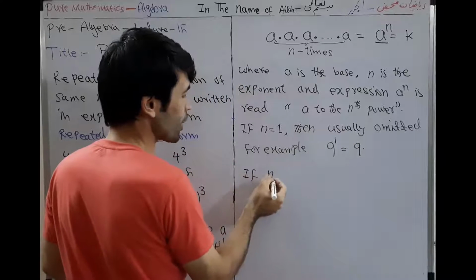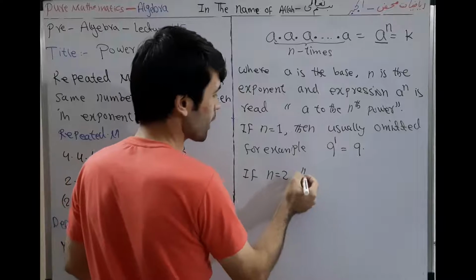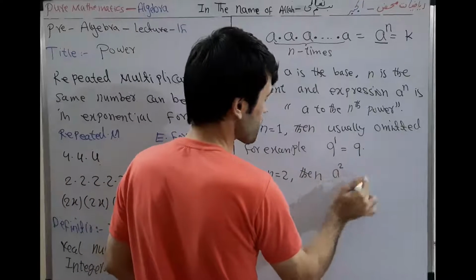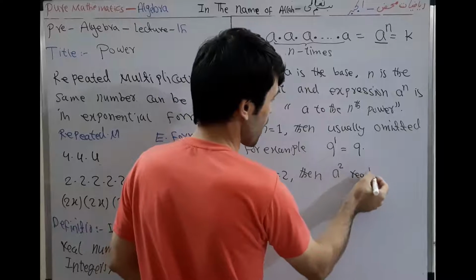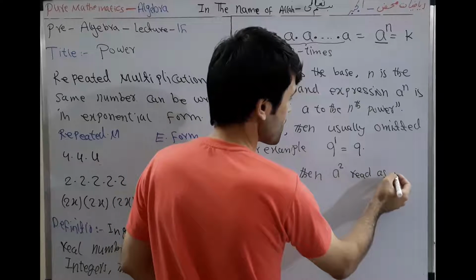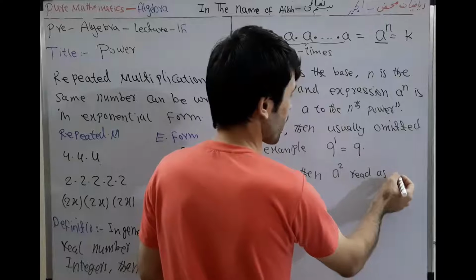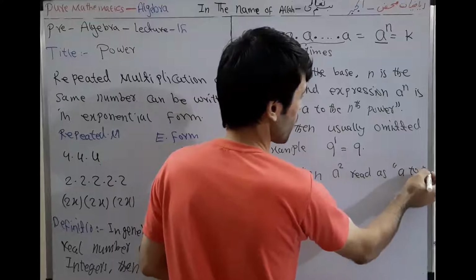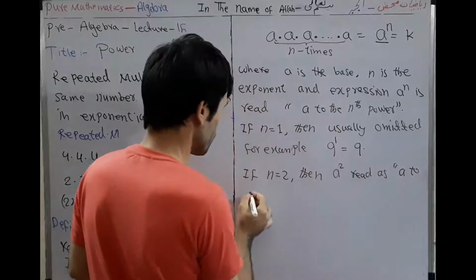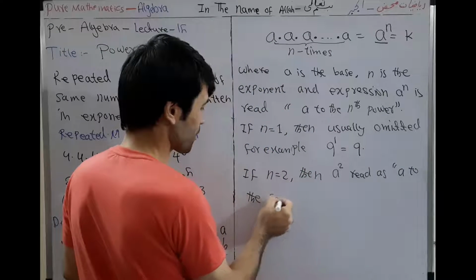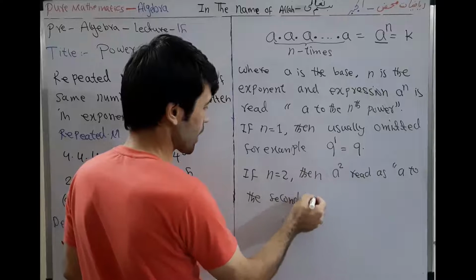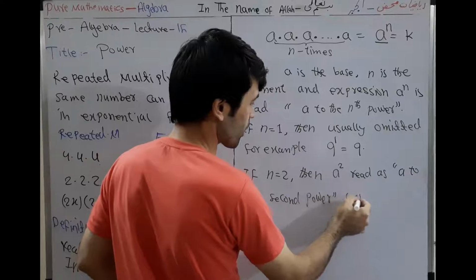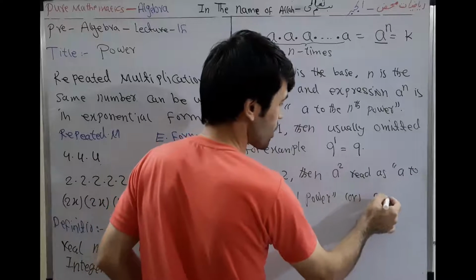If n is equal to 2, then a to the power 2 is read as a to the second power, or we can write a squared.